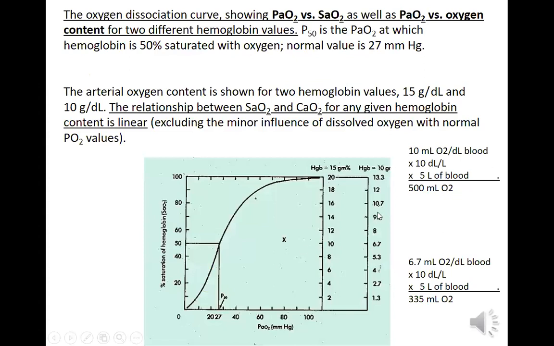So this is just showing you, by changing the amount of hemoglobin, the CaO2, how much oxygen carrying capacity you have. So CaO2 is the absolute amount of oxygen in 1 deciliter of blood. So that's taking into account the hemoglobin amount. It's taking into account how much oxygen 1 gram of hemoglobin can carry.